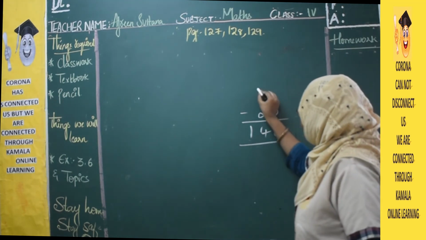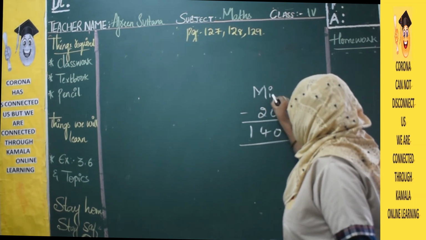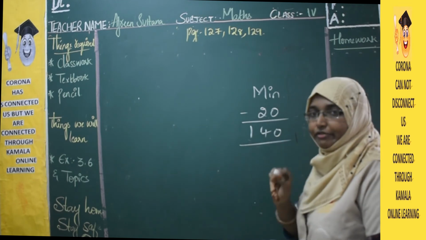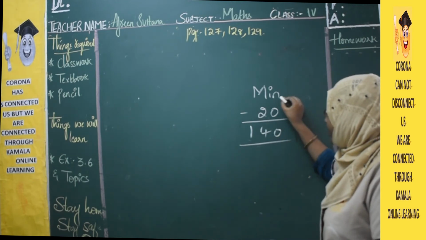So what is that number? See, this is not the minuend given, right? When we subtract 20 from any number, the result is 140. Find the number. That number we need to find is the minuend.